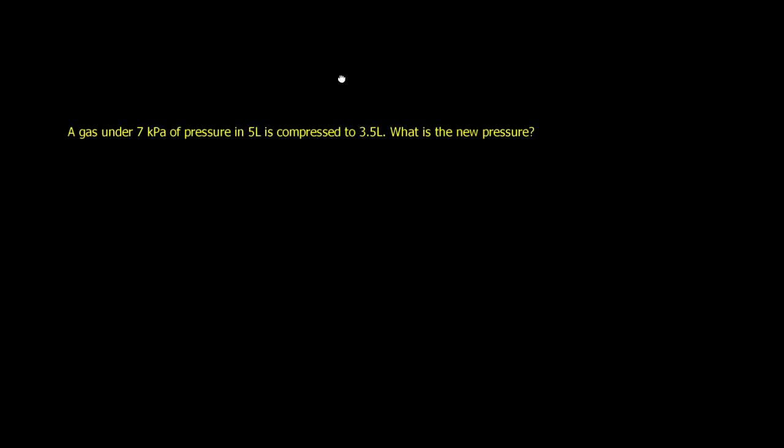So let's look at a problem real quick. We have a gas under 7 kilopascals of pressure in 5 liters, and it's compressed to 3.5 liters. What's the new pressure? Well, this can't be too bad. Let's pick out our variables. First I see 7 kilopascals. That's a pressure.